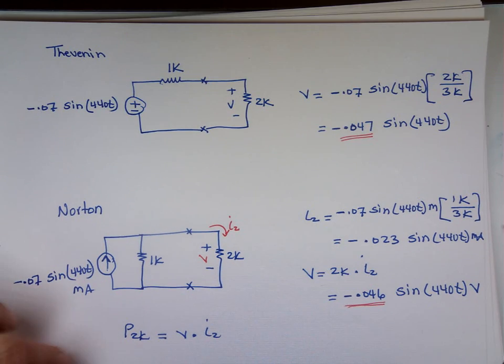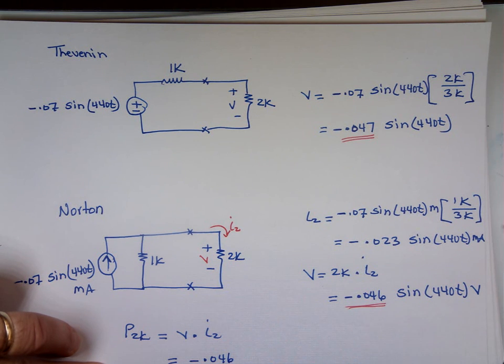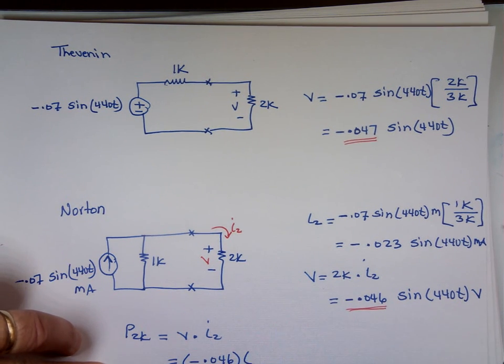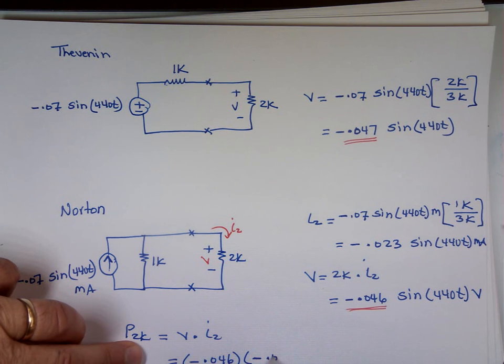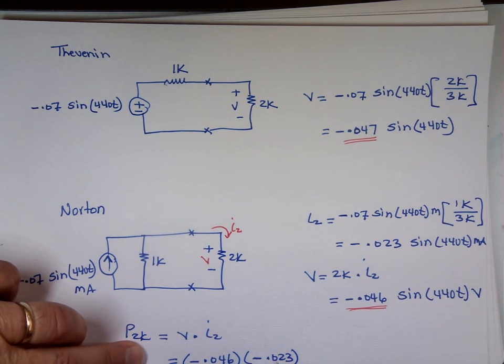Sure. The voltage is negative 0.046 times the sine. We'll leave the sine alone. And the current is what? Negative 0.023. Sine times sine will make it what? Sine squared 440t.